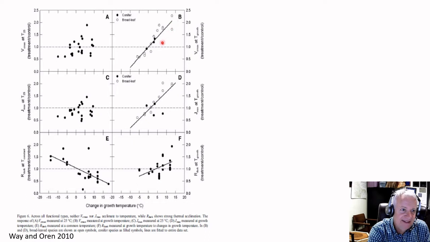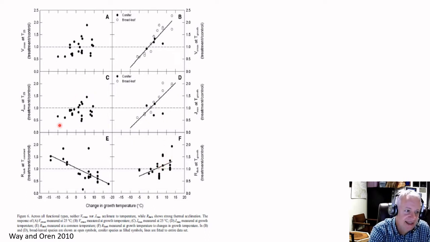And what that means is that here on the right side, these are Vcmax, Jmax, and respiration at growth temperatures above and below normal. What you found was that those measures of photosynthesis went up or increased with temperature, but respiration didn't go up as much as you would expect.